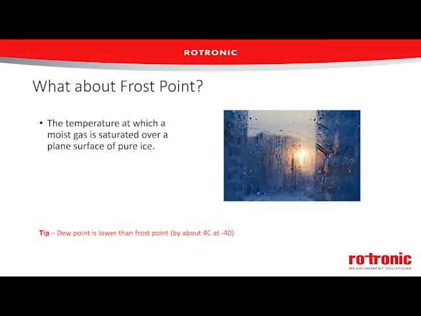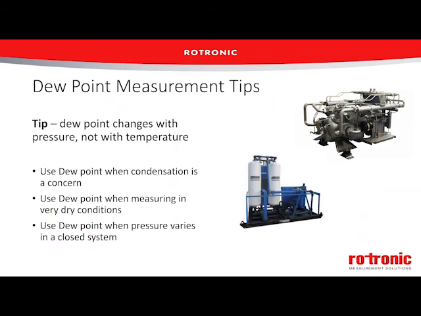So they are different, and we need to be careful in our measurement instruments to know whether it's giving us dew point or frost point, because it isn't always clear, and quite often many of them will switch from dew point to frost point automatically as it goes below freezing, but that's not necessarily what they're measuring.